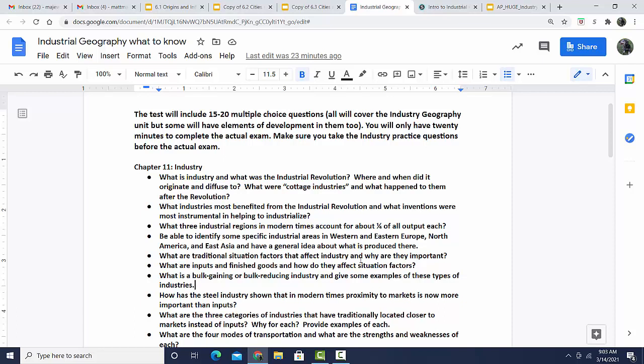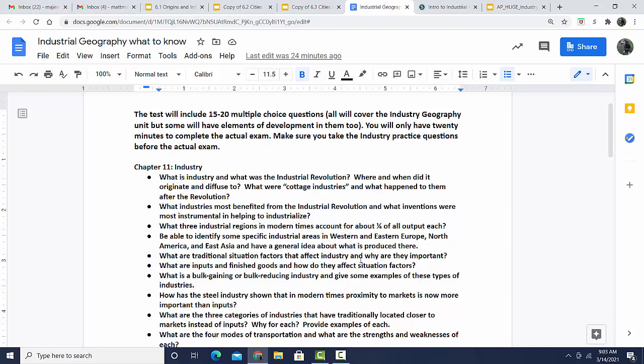Bulk gaining industries are the other end of the spectrum. That's a product that's actually going to accumulate weight. It's going to weigh more when you are transporting it to market than it did just getting the ingredients there. Soft drinks and beer are really good examples of this. Why? Because the aluminum cans are actually transported empty, and they are filled at the last possible moment.